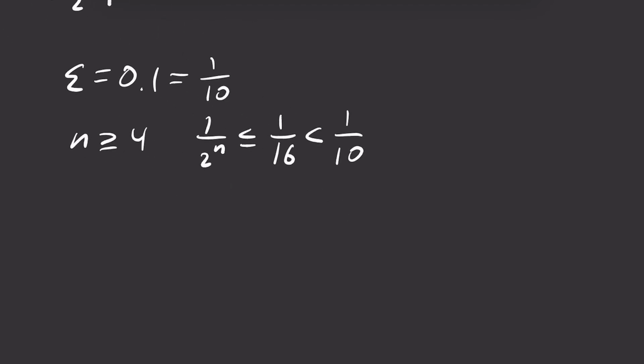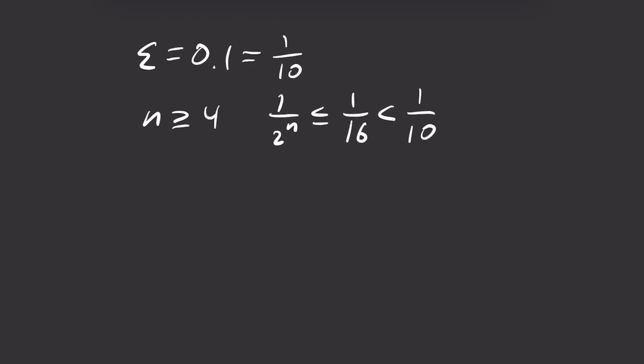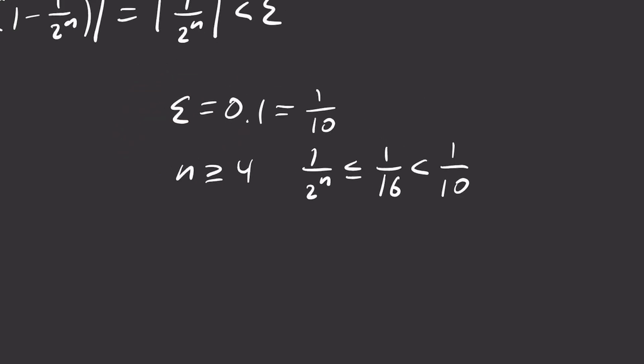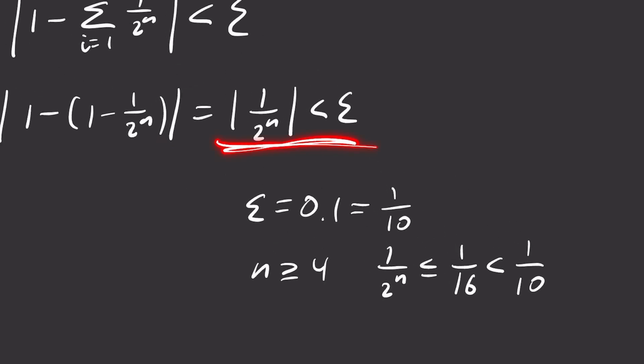So that means I can pick any number greater than or equal to 4, and I can plug that into here, 1 over 2 to the n, and I will end up with a result that is less than my epsilon. It will satisfy this condition here. And if I'm not satisfied with that, I can just pick an epsilon that's even smaller. The point is that I can make epsilon as small as I want.